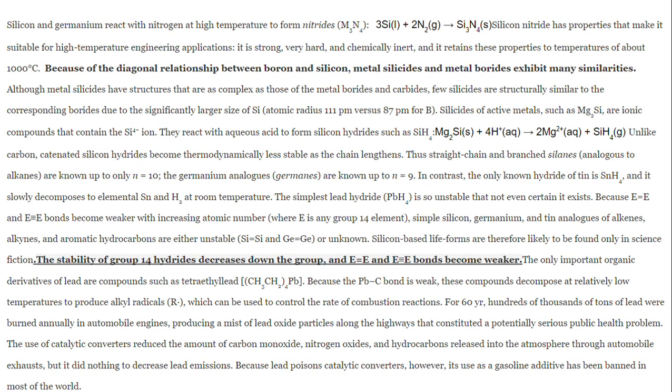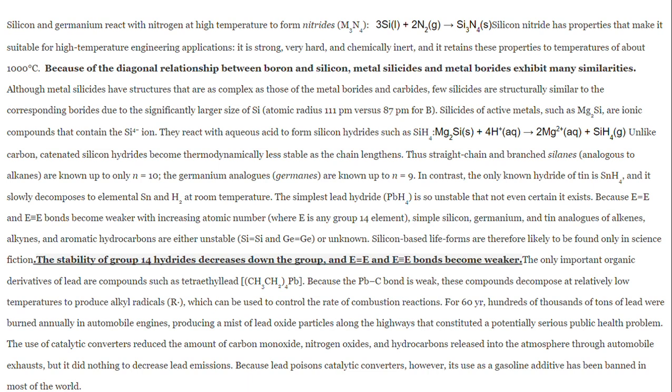Unlike carbon, catenated silicon hydrides become thermodynamically less stable as the chain lengthens. Thus, straight chain and branched silanes, analogous to alkanes, are known only up to n equal to 10, that is, 10 silicon atoms bonded in the chain.